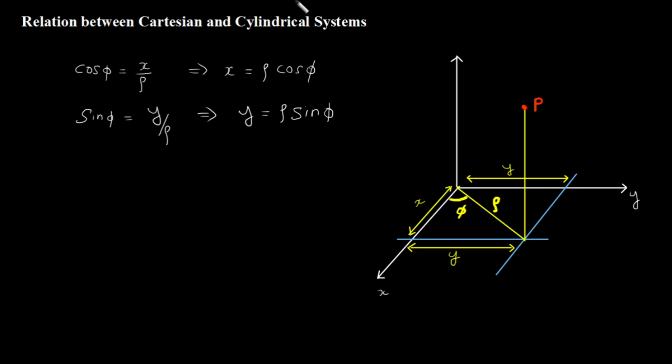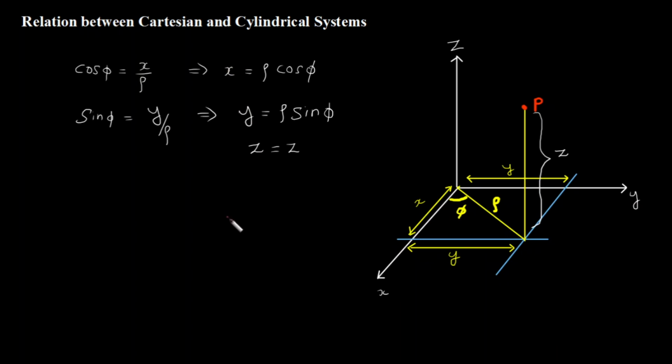And you know that in both coordinate systems you have z. So z is the height of the point from the xy plane, that is the same in both the systems. So along z axis you will have z. If I have z equal to 2 meter in cylindrical coordinate system, z remains 2 meter in Cartesian coordinate system. That is also interesting. If rho, phi and z are given to you, you know now how to get x, y and z. It's that simple.